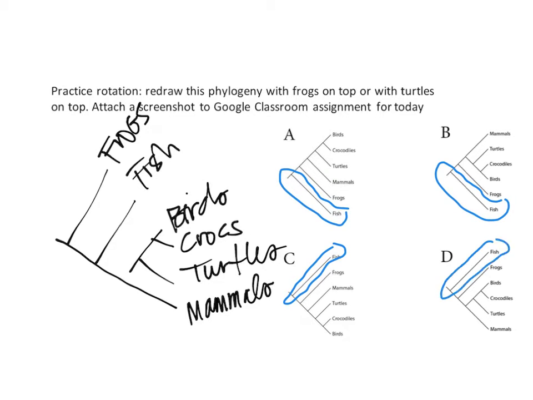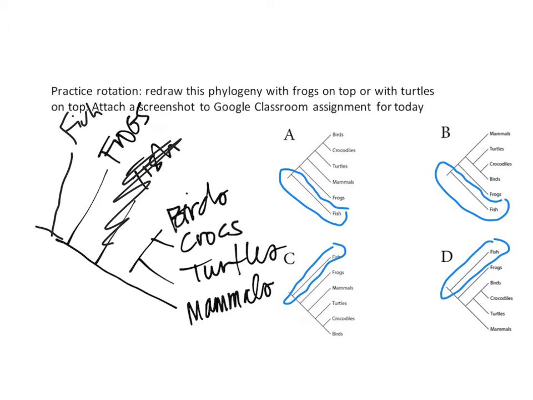So they're always going to be the branch that branches off first. In any tree you draw, if it's going to have the same relationships, fish should branch off closest to the root of the tree.